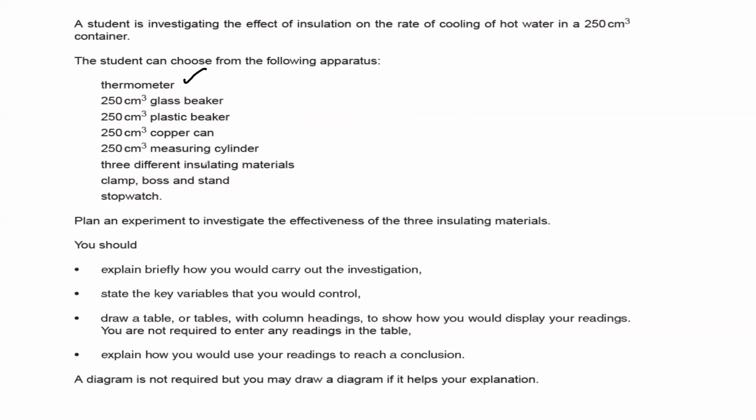So we need the thermometer, stopwatch and a clamp. These are compulsory for all. And 3 different insulations. Now I'm left with 4 different types of container. Which container is the most suitable for this experiment? I can select any of them.